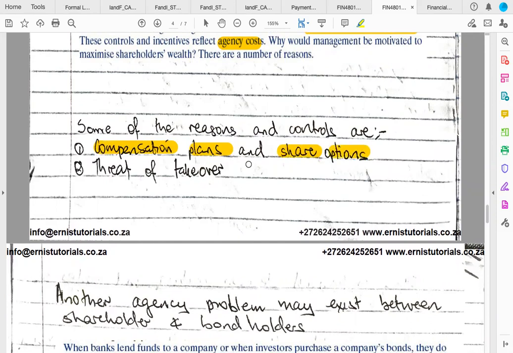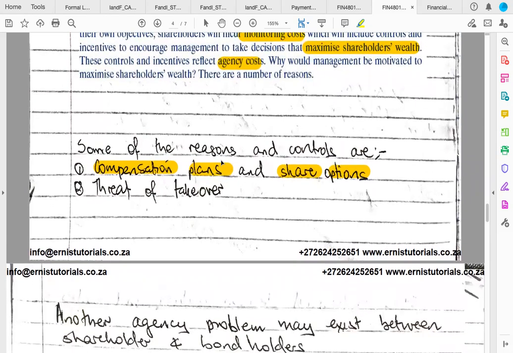So basically, with compensation plans and share options, the shareholders will say to management, if the share price goes up adequately, we will make sure that you are compensated adequately. In other words, the financial payments or the bonuses of management will be tied to the share price.